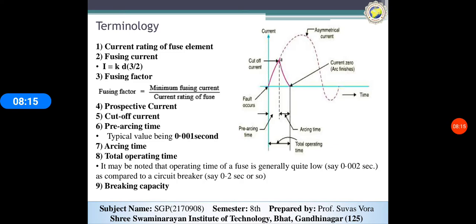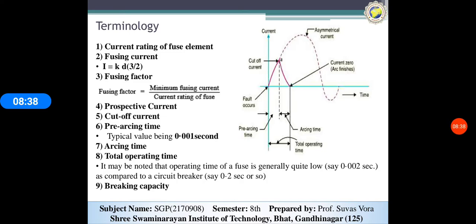It means the first loop. In the starting conditions, when a fault occurs, we know the current is infinite in the starting conditions, but it actually generates sufficient energy to melt the fusible element. It means that the peak of the first loop is reached.